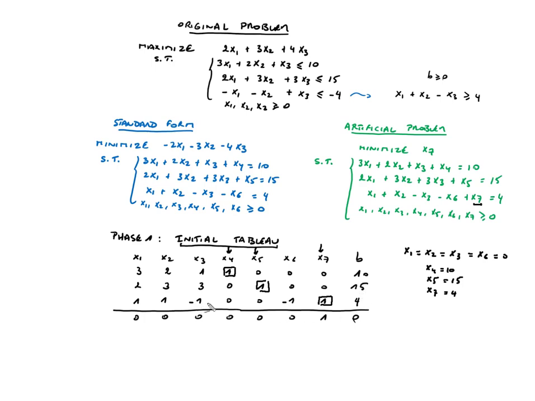The first thing that we should do is make sure that we have zeros above and below the pivots. Do not forget to do this, and for that we'll use an elementary operation, and here the multiplier will simply be 1.